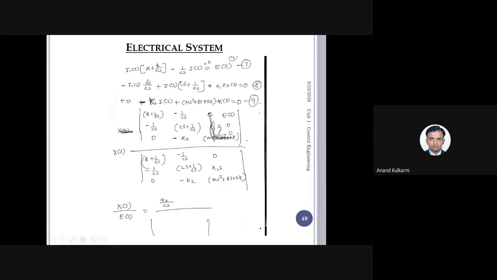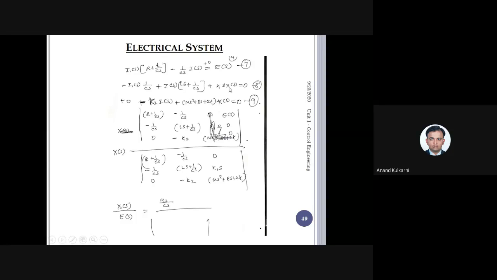In the first equation, number 2, I have rewritten here the coefficients of I1 and the coefficient of I. There is no coefficient of X in the first equation, and the right hand side is E of S. In the second equation, the coefficient of I1 is there, the coefficient of I is there, the coefficient of X is also there.